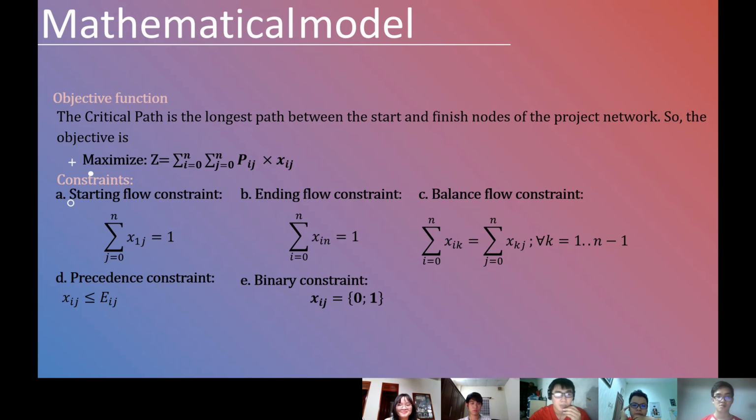The next part is about our constraint. For each node, the total input flow must equal the total output flow to balance the flow equation.